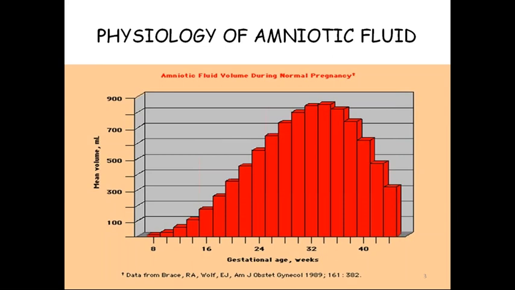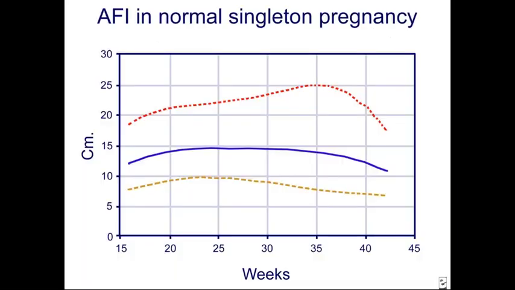But generally, we can find that the amount of amniotic fluid is going to increase through the pregnancy, and it reaches its maximum or plateauing at about 36 weeks. And then it decreases, but in a small or in a slow manner.